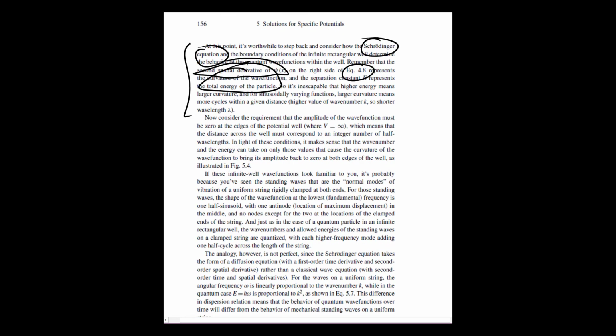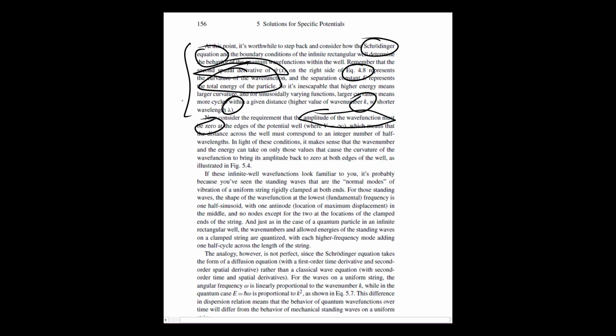And when you have a sinusoidally oscillating function, more curvature means you'll have more cycles in a given distance. So of course, you expect to see more nodes in the well for higher energies, that is, bigger values of n. Another way to think of that is, since the wave number k is getting bigger, the wavelength is getting shorter. But in addition to satisfying the Schrödinger equation, we said the allowed wave functions have to match the boundary conditions. And the boundary condition we enforced was that the amplitude of the wave function must be 0 at both edges of the potential well.